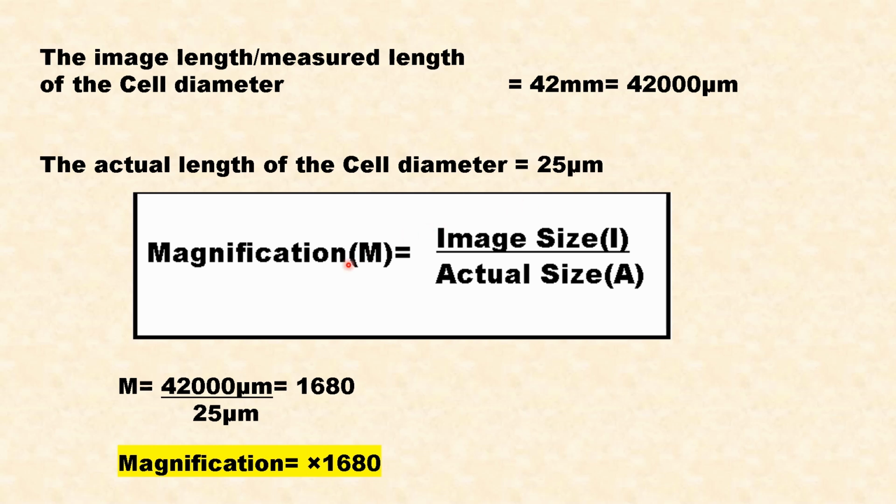Now we have to use the same equation, which gives magnification is equal to image size divided by actual size. So here magnification is 42,000 divided by 25, which gives a magnification of 1680 times. And remember to include the times symbol to indicate the magnification factor.